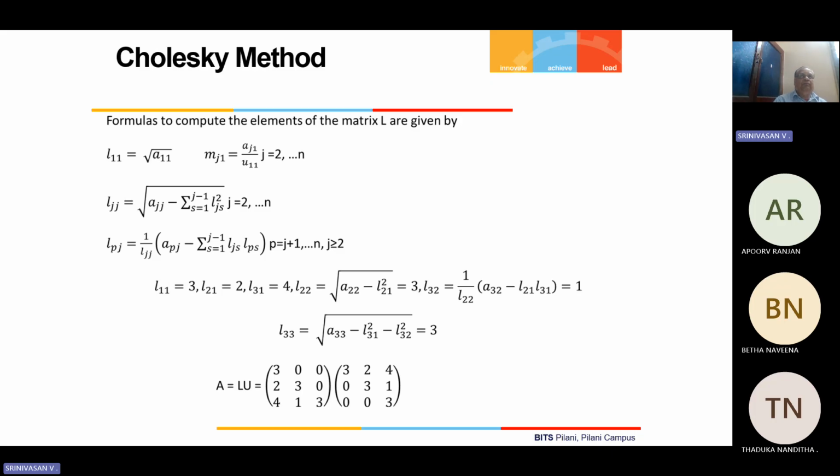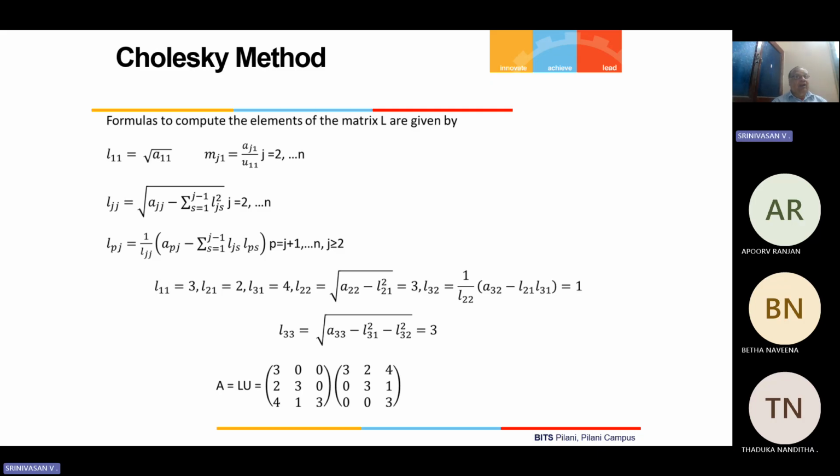Therefore, what's happening now? We have found now the L entries: L11, 3, L21, 2, first column, L31, 4.